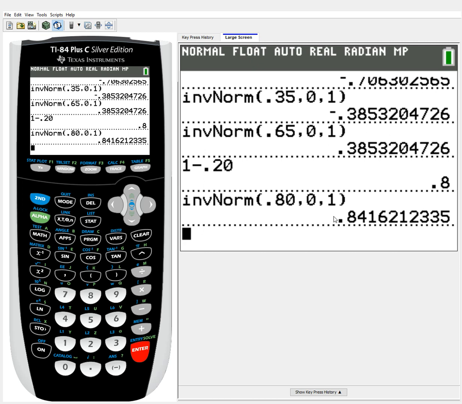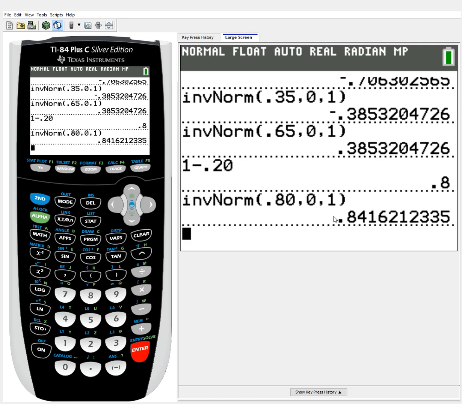That would indicate what's the z-score that has 0.12 on the right side. It's always saying the right. And if we're doing inverse norm as it is, we have to do it on the left. Now, last time, if you have the TI-84 that has the left, center, or right designation, then you don't have to worry about this. Just know what tail you're working with or what side of a probability you're working with and indicate that on your selection.